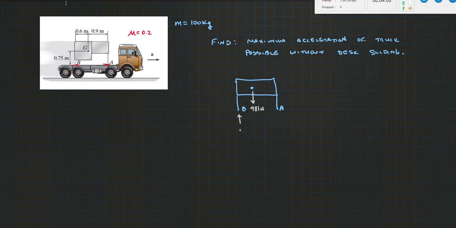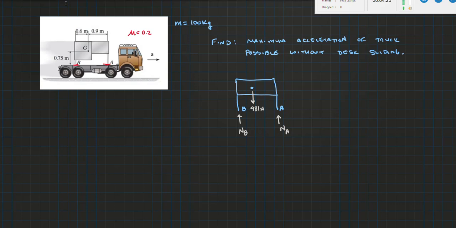We're going to have a normal at B and a normal at A. Now we've got to figure out our friction, in which direction it points. It's going to point either left or right, but which way?